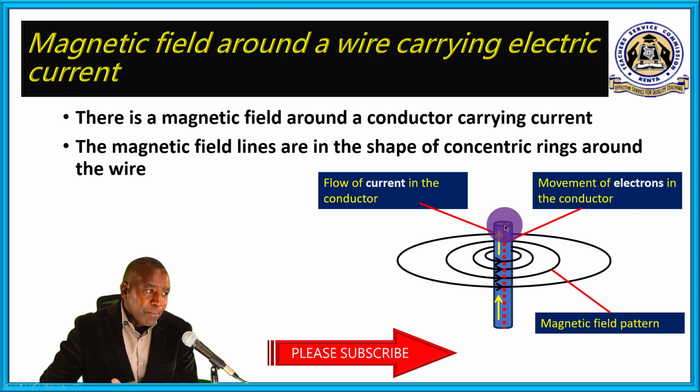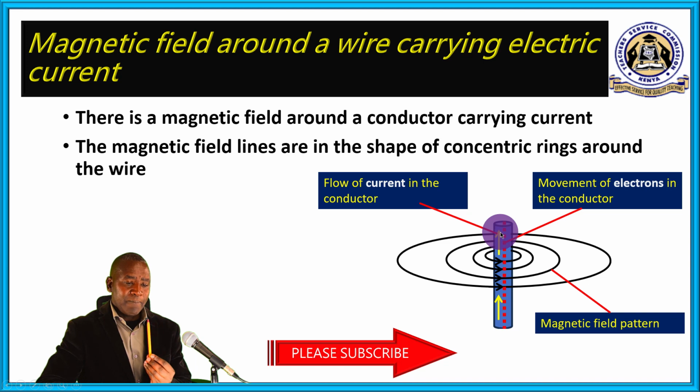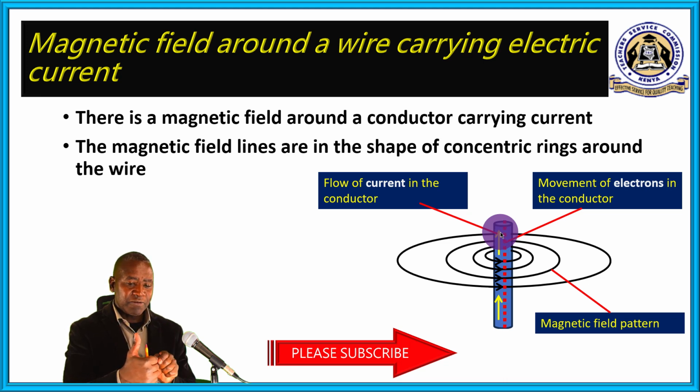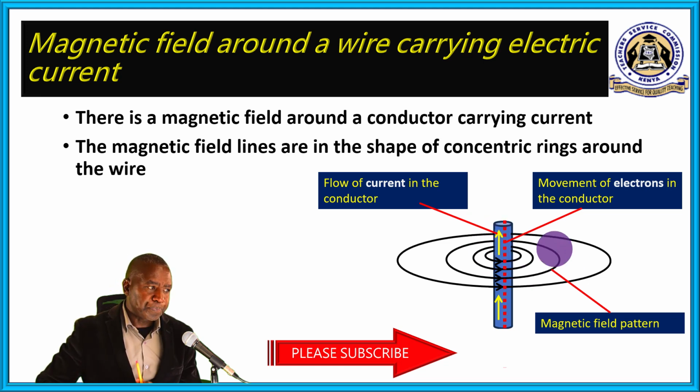So, as far as this blue wire is concerned, the electrons are moving downwards. So electric current is represented by this yellow arrow pointing upwards. Now you come and grip the conductor in your right hand like that, with the thumb pointing upwards, and you can see that the magnetic field is exactly the way I have drawn it here.